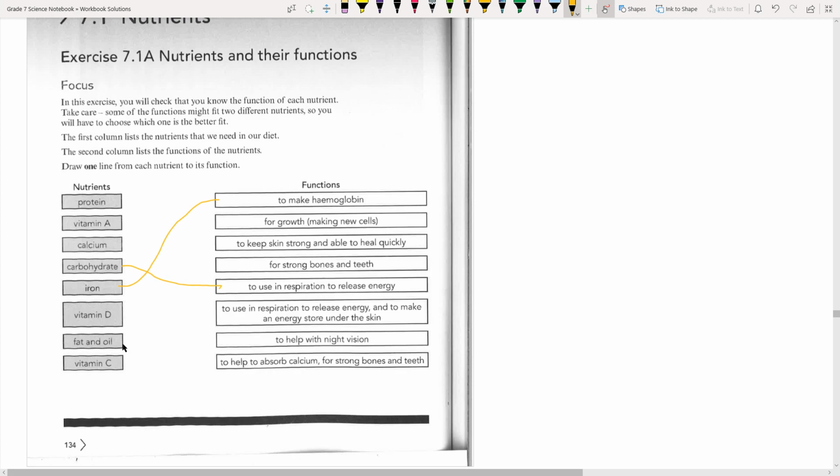So fat and oil, no, we don't know yet. Vitamin A helps in vision, right? Vitamin D helps in calcium absorption, right? Now calcium makes strong teeth and bones, right? And then finally we have proteins, which help us grow.